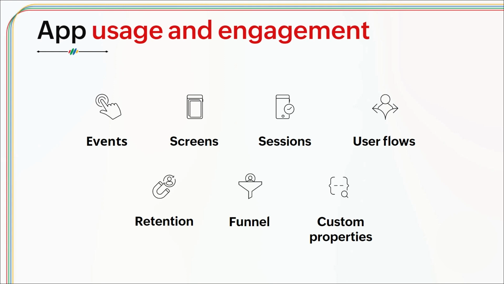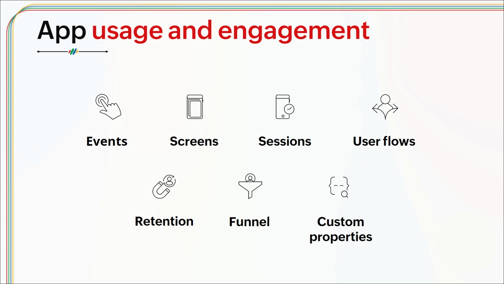These metrics form the foundation for application analytics. So once you track these basic stats, you can use custom property search to draw hidden insights and track and analyze user flows, funnels, and retention that help in understanding the user journey from the user's perspective.